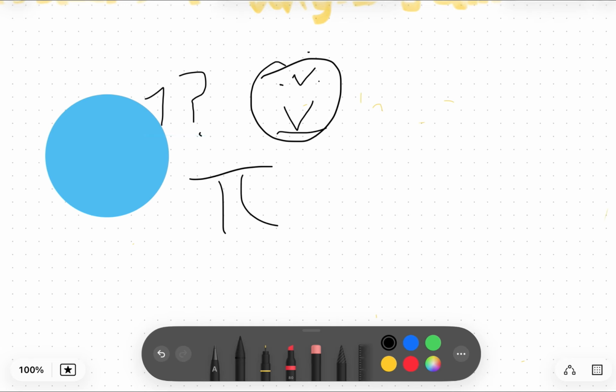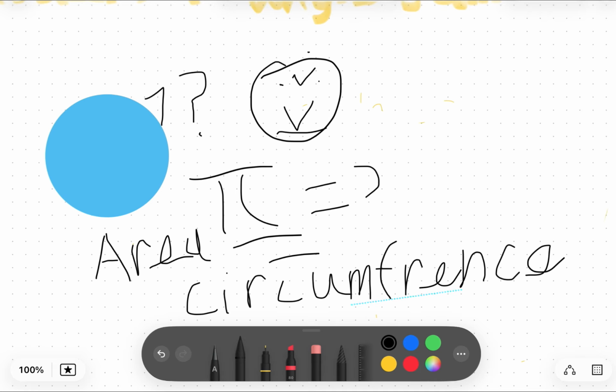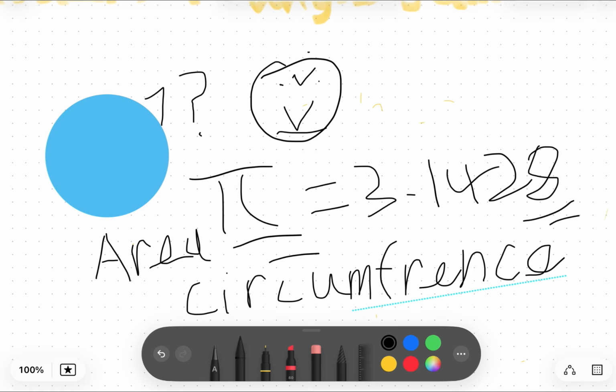Because the circumference is equal to pi, this interesting number, 3.1428 and so on. We don't have anything pointy. We can't use this formula.